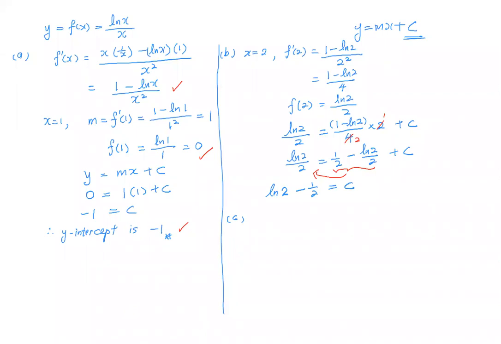Right from here, you can see the pattern already. If you think you need to do all the steps, you do. If you don't, then you just say ln 5 over 5, correct? That is your y equal to m.